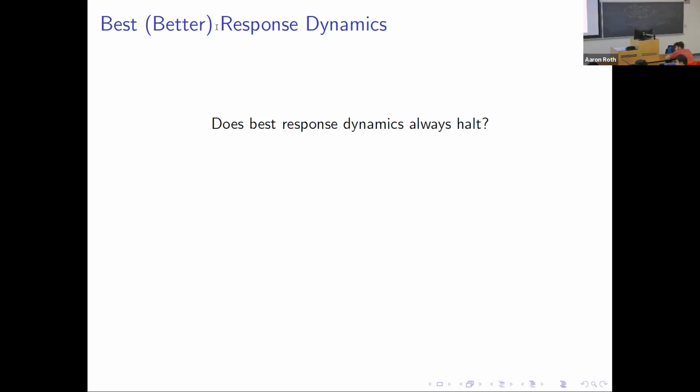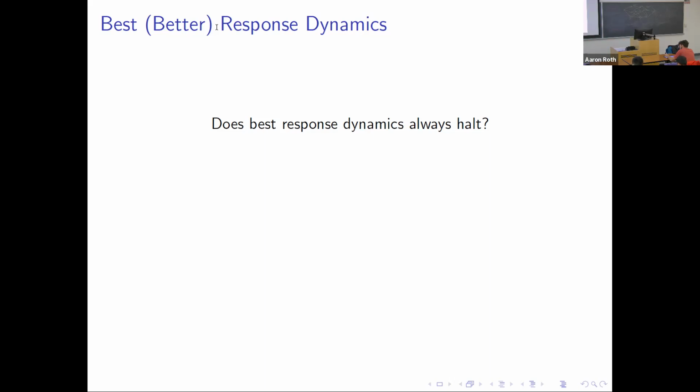Yeah, let's play rock, paper, scissors. Rock, scissors. Got me. So, okay, right, best response dynamics does not always halt. We can do rock, paper, scissors, and it's going to cycle. What's happening is exactly what I said a moment ago: every time you best respond, you decrease your cost and increase my cost, and the reverse happens when I best respond.